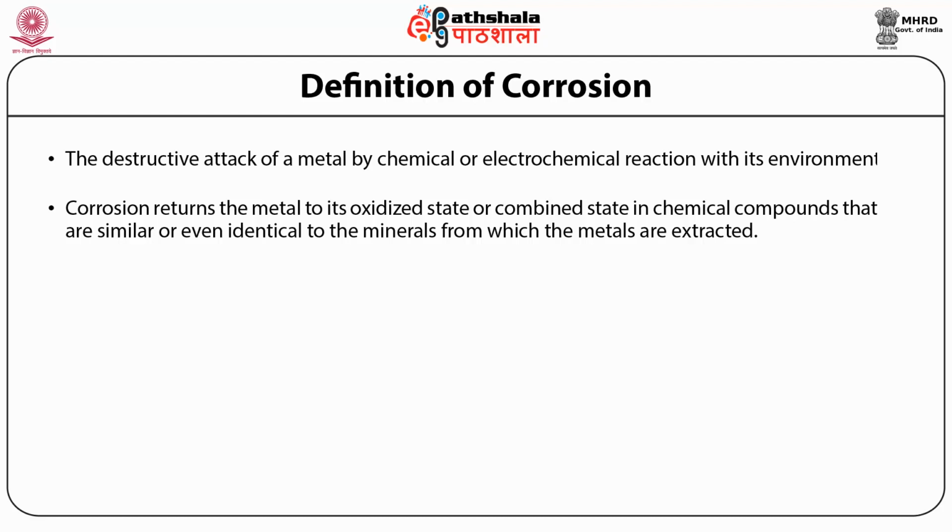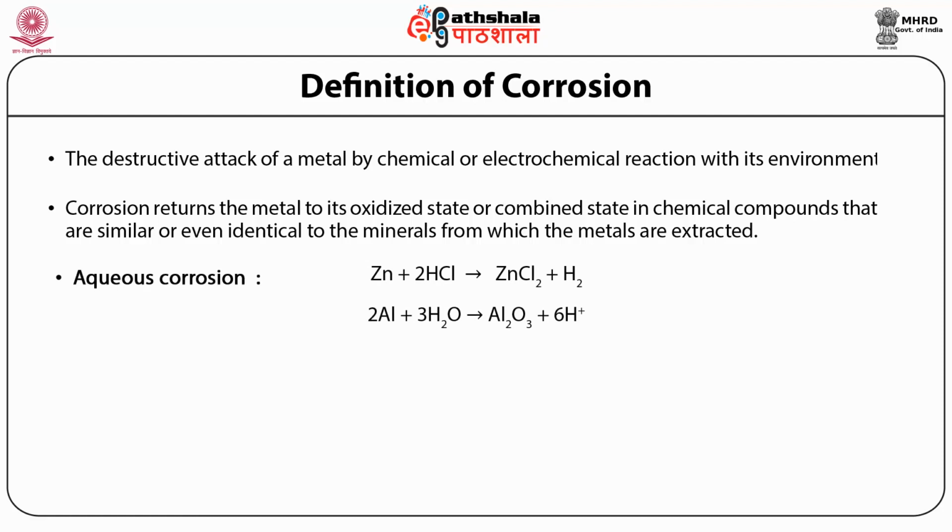So, considering aqueous corrosion, that is Zn + 2HCl gives ZnCl2 + H2, and 2Al + 3H2O gives Al2O3 + 6H+, whereas in oxidation we have 2Fe + 3O2 gives Fe2O3.